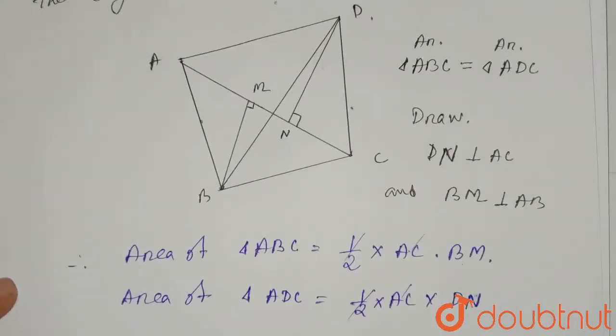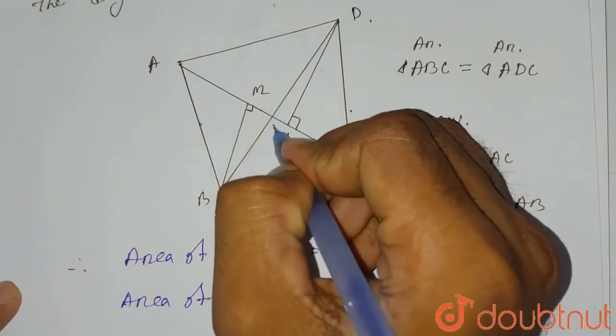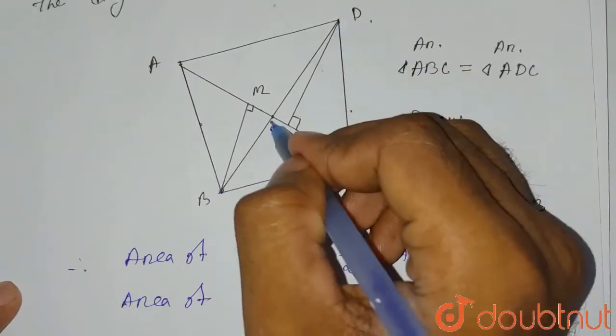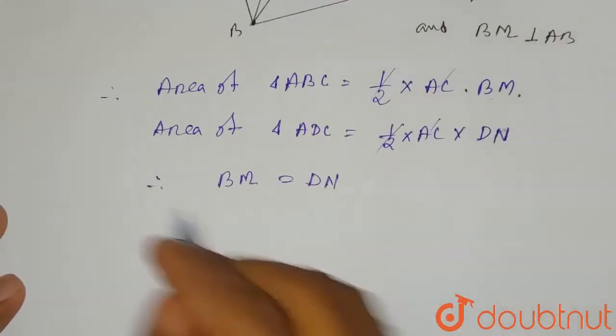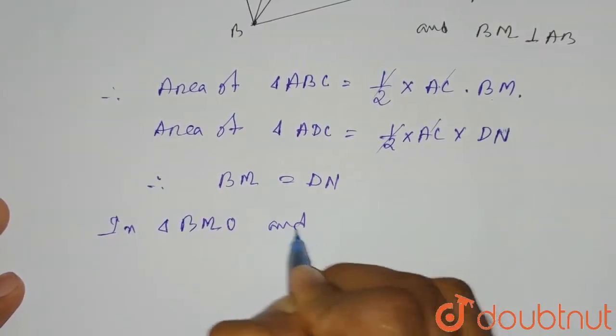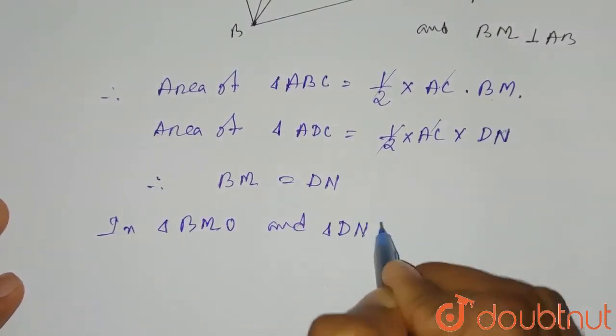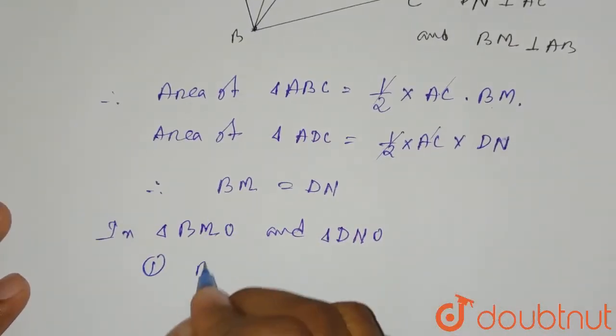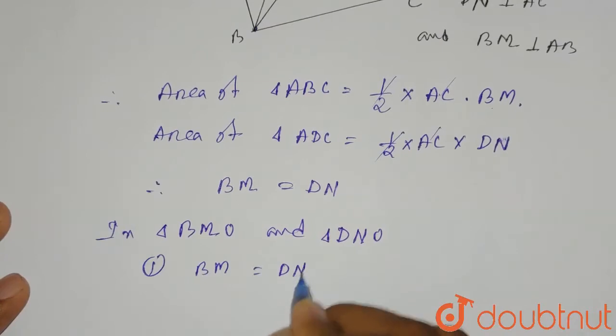Okay, so now let's say the intersecting point is O. If we consider the triangles BMO and DNO, what do we find? In triangle BMO and triangle DNO, first we have got that BM equals DN.